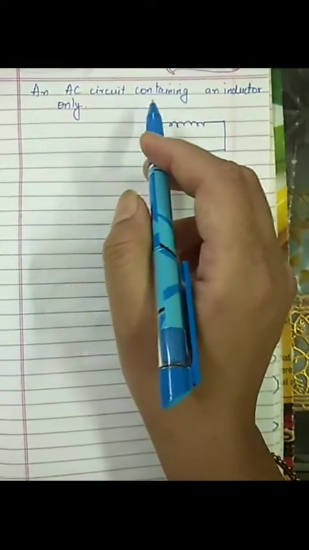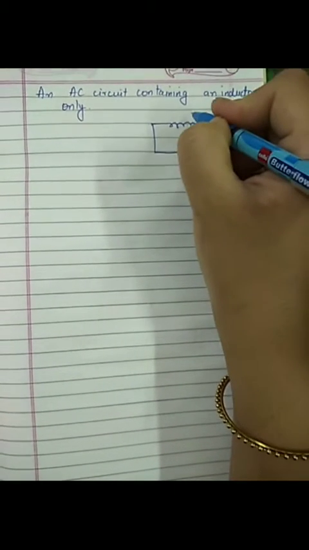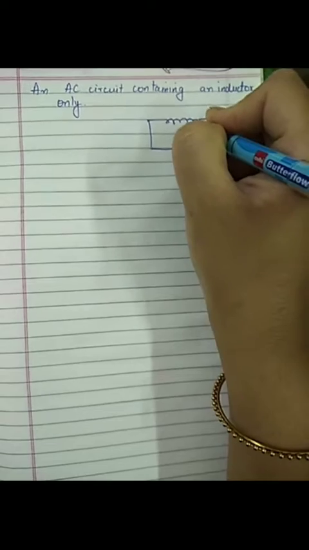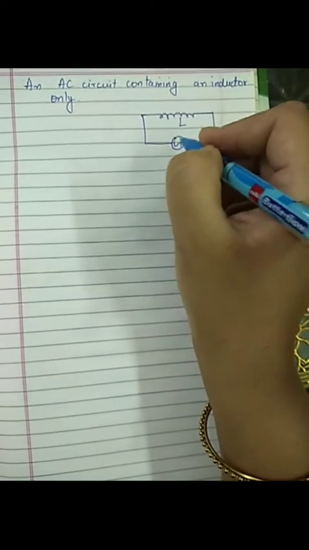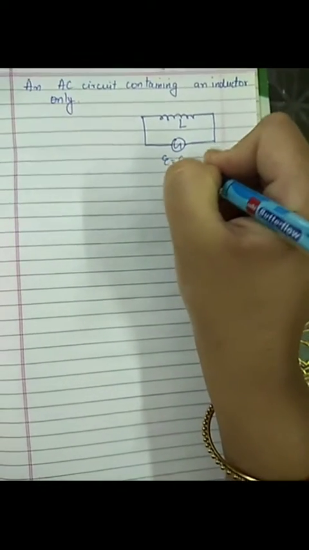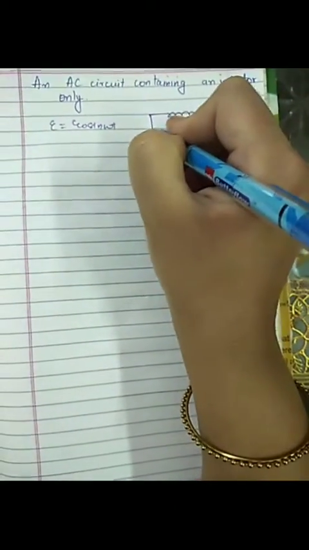An AC circuit containing an inductor only. Consider an ideal inductor of self-inductance L connected across an AC source. Let the EMF of the source be epsilon equals epsilon naught sine omega t. As the current I is flowing through the inductor, a back EMF is produced in it, which opposes the change in the current and hence the applied EMF.